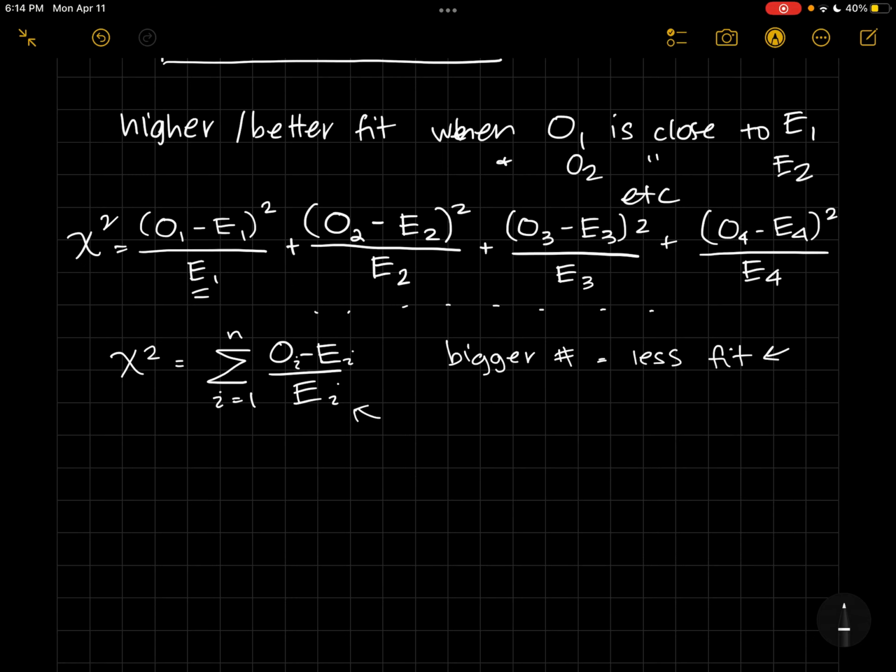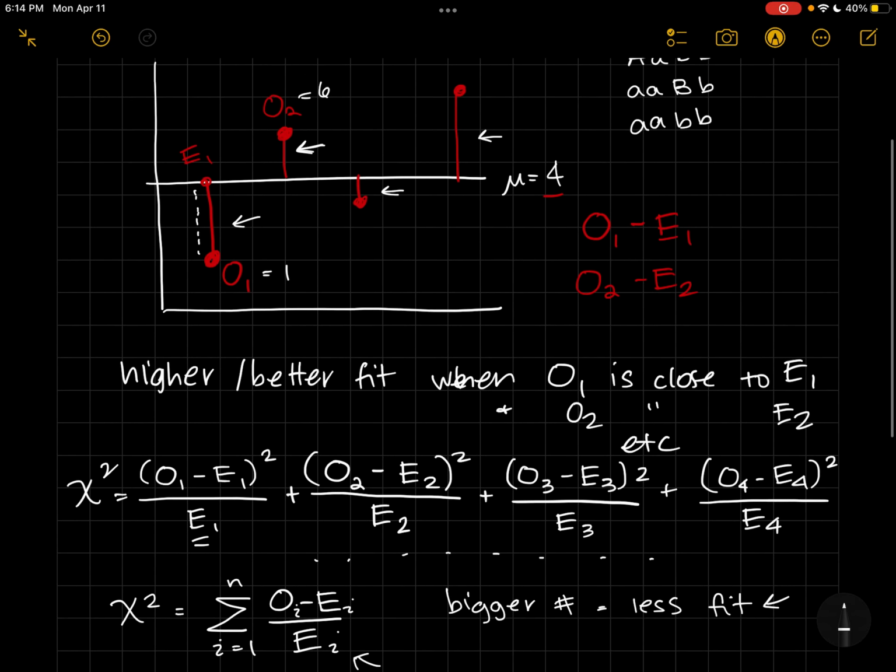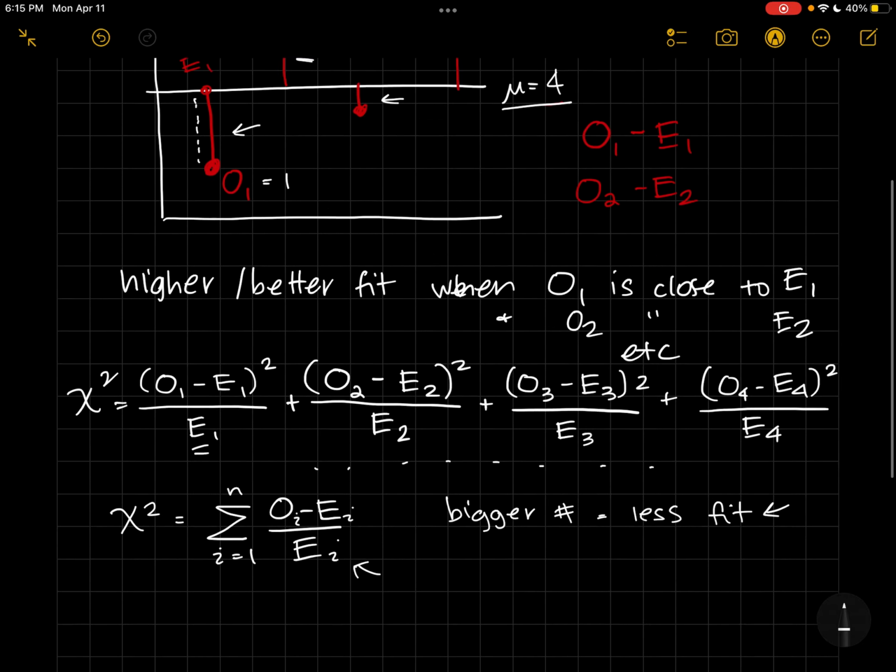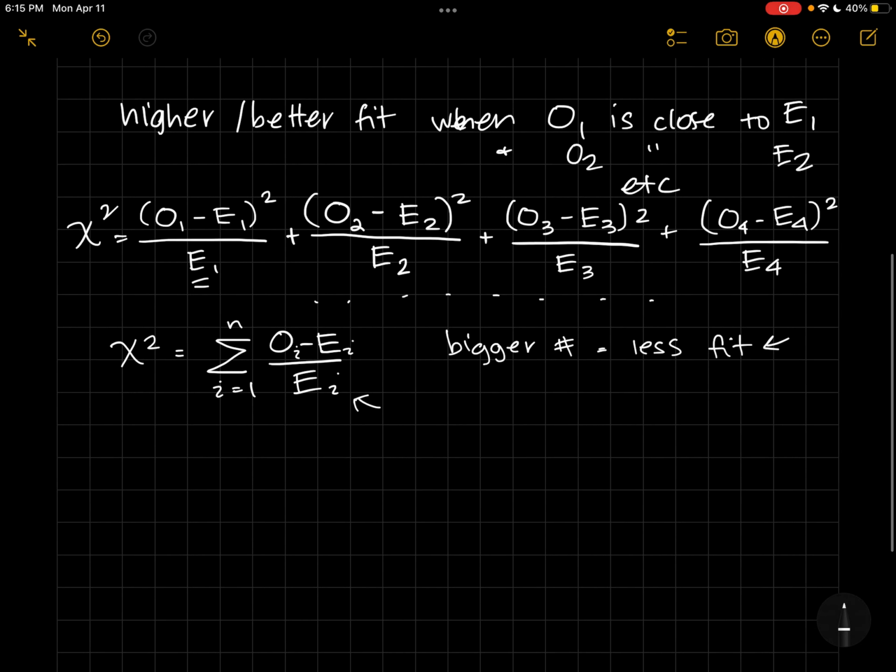Because a lot of the time we're seeing if something differs from our expectation, differs from our null hypothesis. So our expected value up here, our mu equals 4, that can also be our null hypothesis. And so we'd want to see if we are not matching our null hypothesis. So if we can rule out the null with this.